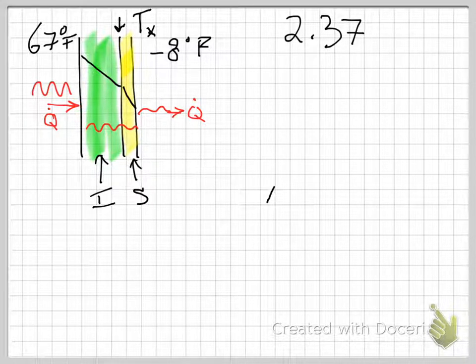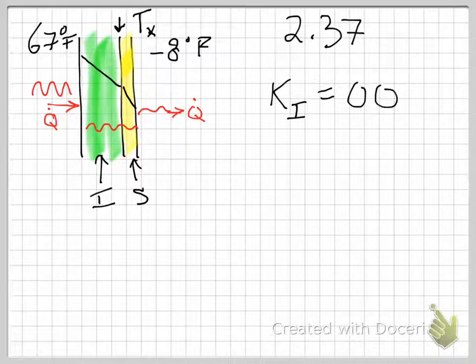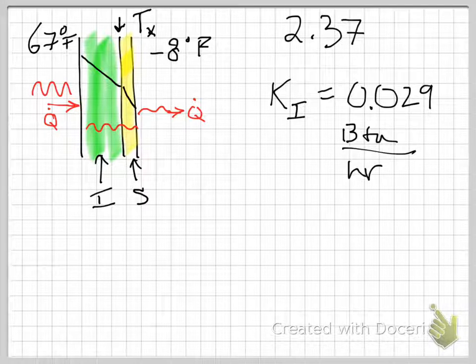We're also given the kappa, the thermal conductivity, for the two materials. For the insulation, the kappa is 0.029 BTUs per hour per foot.